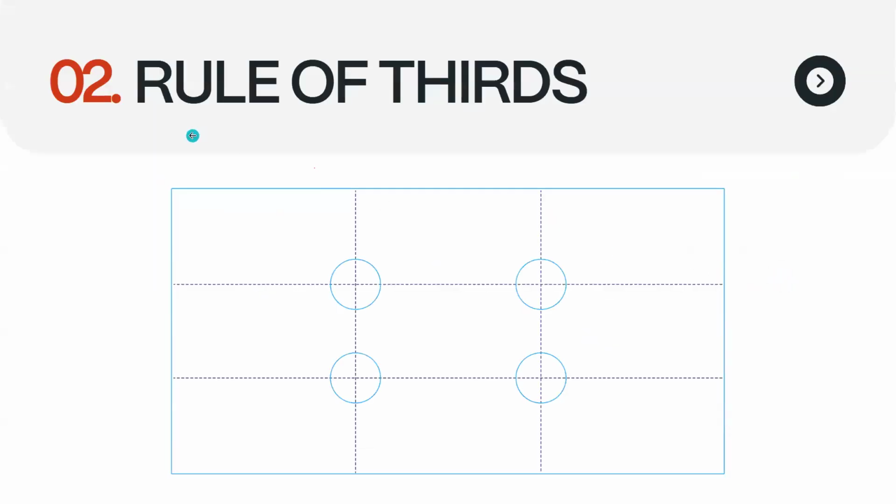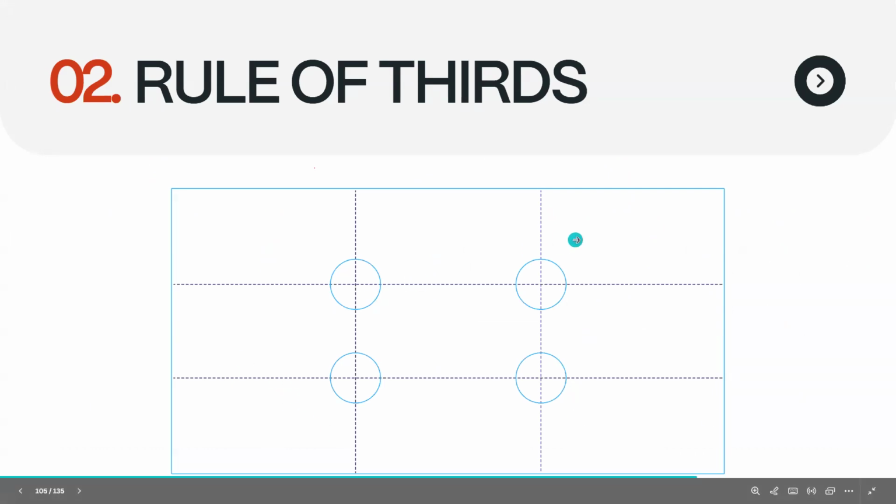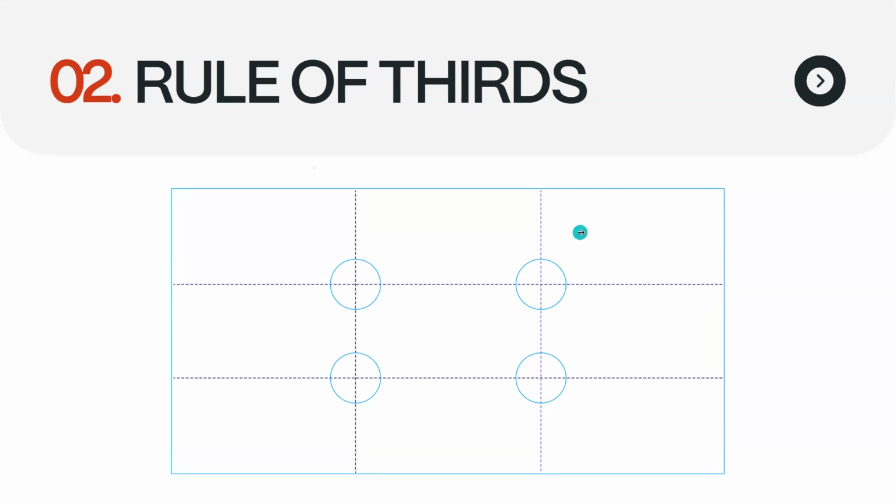The second one is rule of thirds, right? Do you have any idea about rule of thirds? How can we set up a grid? I will show you properly, okay? Generally photographers use this rule of thirds, and I will show you how it works.